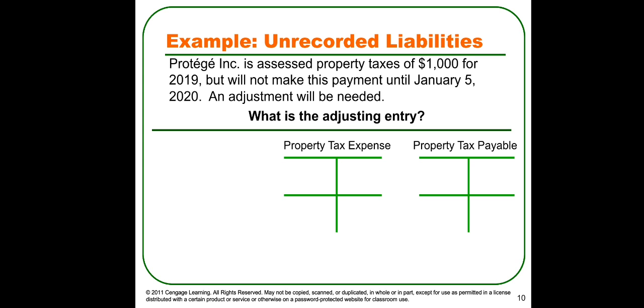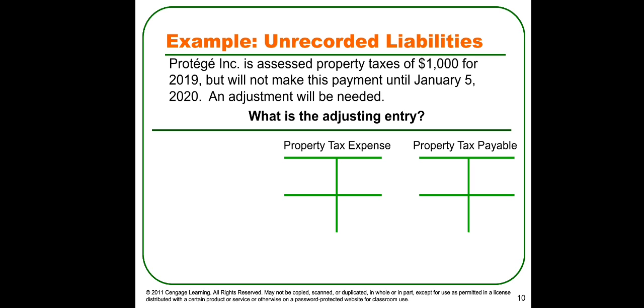So the property tax, $1,000, is for year 2019, but the business will pay in year 2020. So when the business closes its account at 31st of December 2019, the business has to do an adjusting entry for this. Why do the adjusting entry? Because the business follows the matching principle.